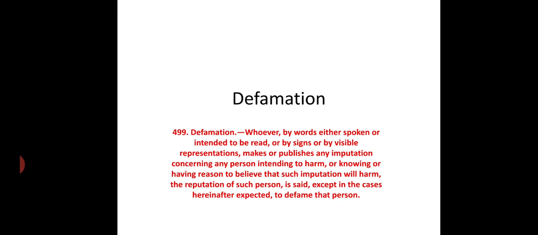The bare language of this section is: whoever, by words either spoken or intended to be read, or by sign or by visible representations, makes or publishes any imputation concerning any person, intending to harm, or knowing or having reason to believe that such imputation will harm the reputation of such person, is said, except in the cases hereinafter excepted, to defame the person.